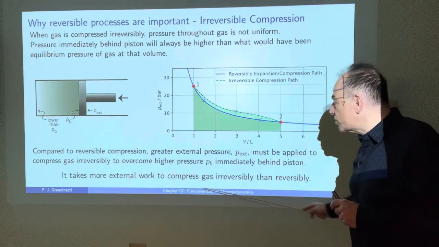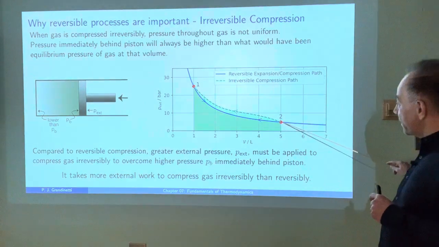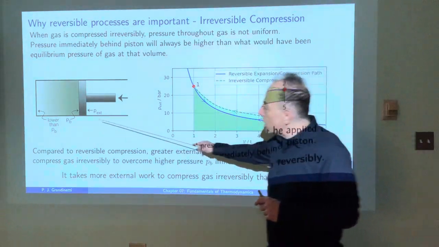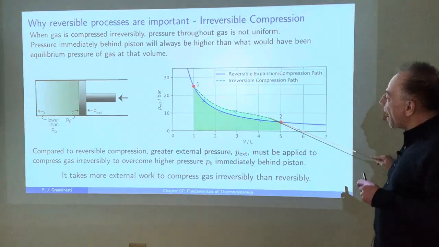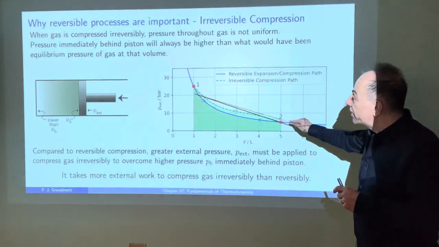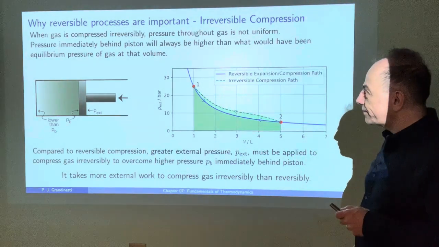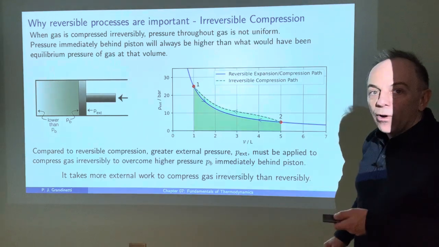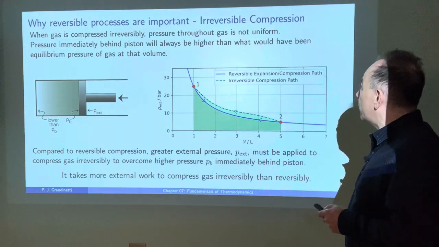So it takes more external force to compress the gas irreversibly than reversibly, and you can see that's because the pressure behind the piston as we do this irreversibly is always going to be higher than what the equilibrium pressure would have been, and so the area under this curve is always greater, and so we have to do more work. All right, so we did more work in the compression than we would have done if we had done it reversibly.